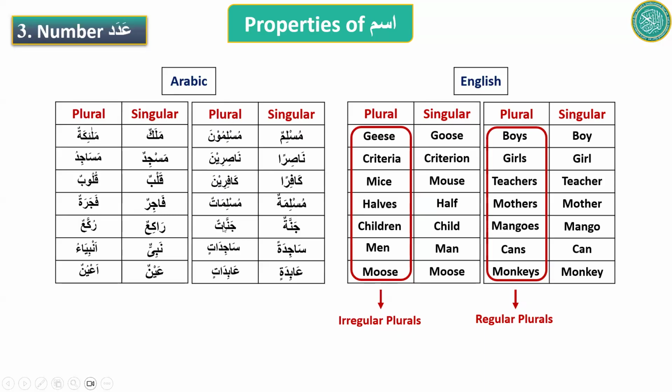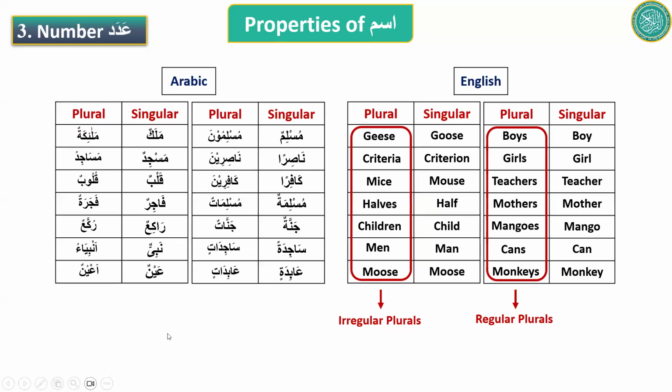Una, ina, atun or atin, which we have already learned in the Muslim chart. But when we look at the second column of singular and its plural, there is no pattern. Malaikatun, masajidu, kulubun, fajaratun, rukka'un, anbiya'u, a'yunun.